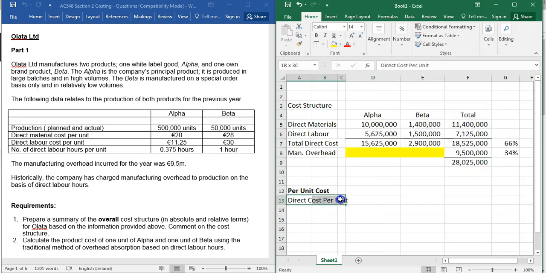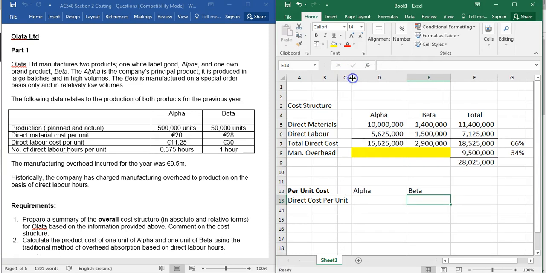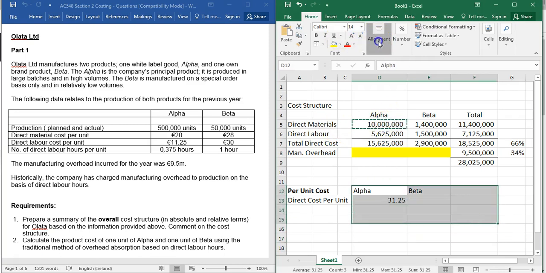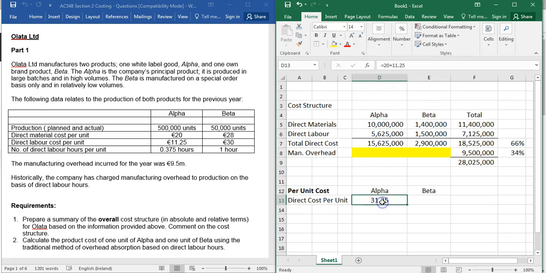So the direct cost per unit then, for alpha and beta, that should be relatively straightforward from the question. And there's two ways students may go about this. You'll either add 20 plus 11.25, so saying the direct cost which you're given in the question, which gets us to 31.25. So we'll just tidy up these. Alternatively, you could just say it's the 15,625, which is the total direct cost of alpha, divided by the number of units.